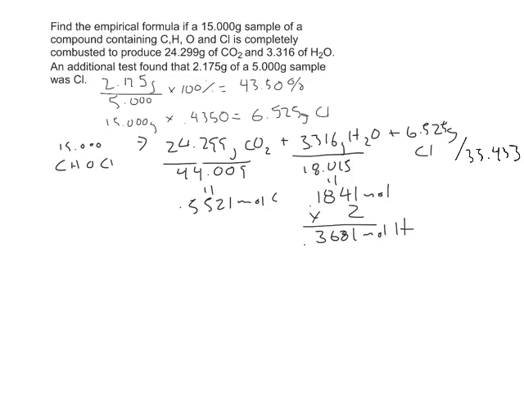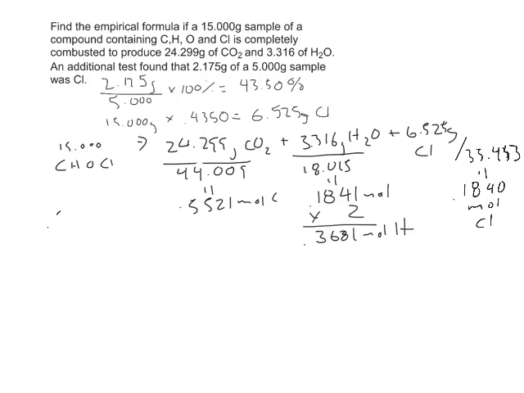Divide out by 35.453. That's what that's supposed to say, molar mass of chlorine. And that gets me 0.1840 mole chlorine. Okay, now solve the oxygen by substitution.